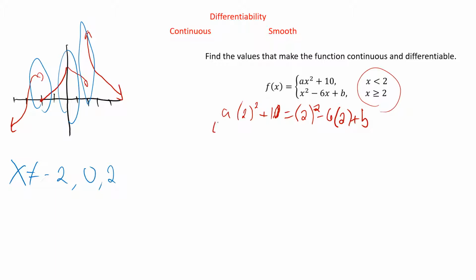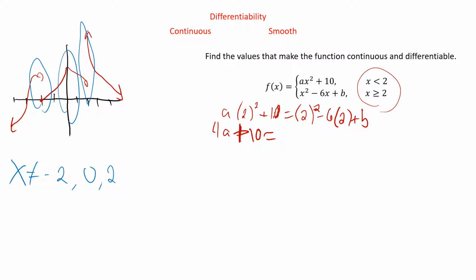This will be 4a plus 10 equals 4 minus 12 plus b.